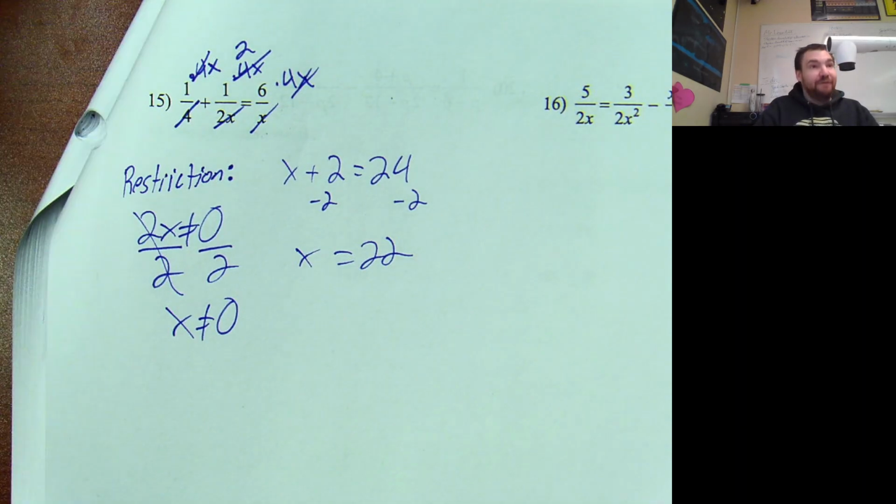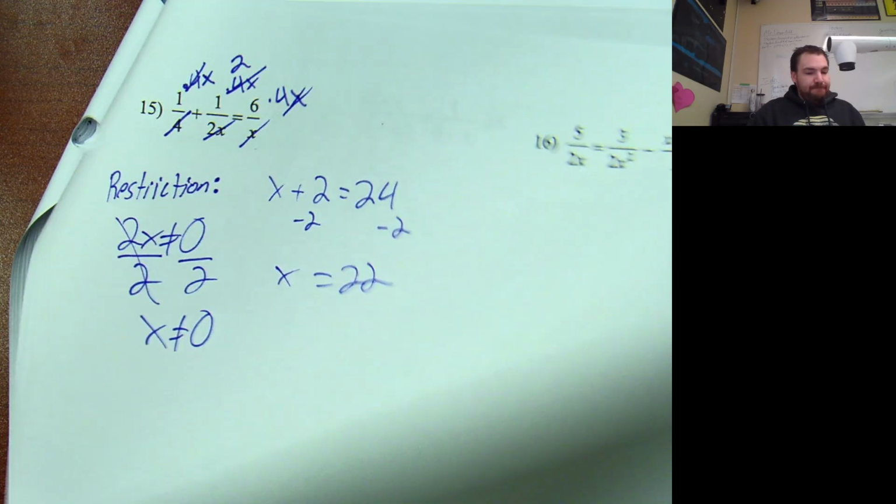Because the first step is always the same: find the restrictions. The second step is always the same: multiply by the lowest common denominator. If you can't find the lowest common denominator, fine, stop at that point. But at least recognize that that is the next step. I need to get rid of these denominators by multiplying by the lowest common denominator. So that when you say, I want to see question number whatever, you can say, this is where I am. Attempt the questions.